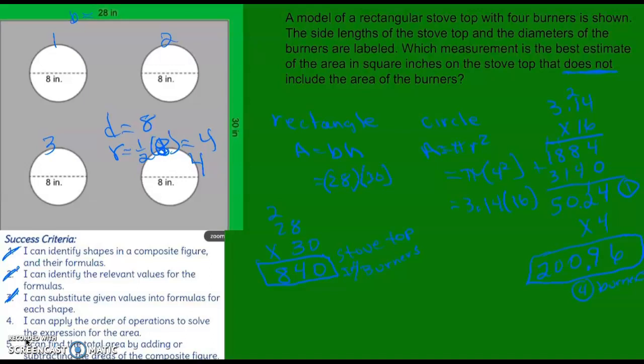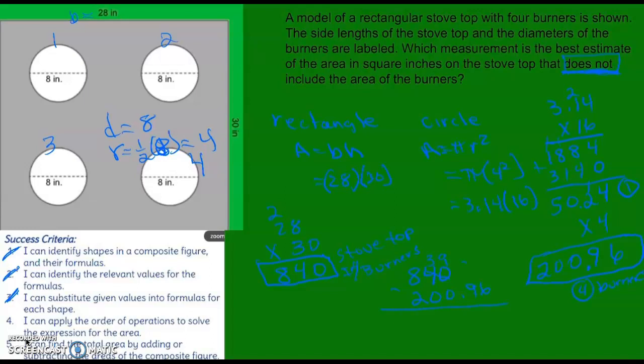So remember that they want to know the area of the stovetop, not including the burners. So the total area is 840, but I have to subtract the area of the burners. And what I'm going to do right here is I'm going to borrow from the 40.